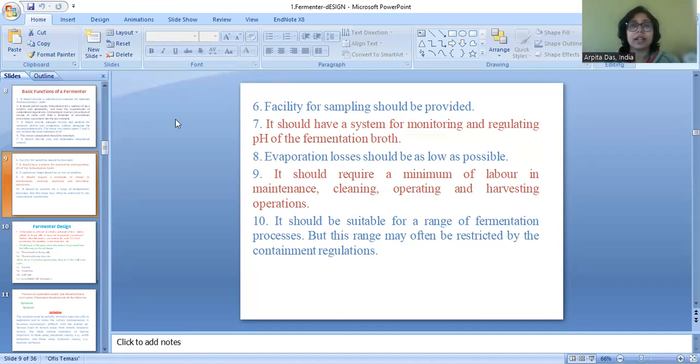As you can understand, bioreactors can be used in many ways. Some applications are in wastewater treatment, some applications are in pharmaceuticals. So bioreaction and bioreactors are all very versatile in nature.